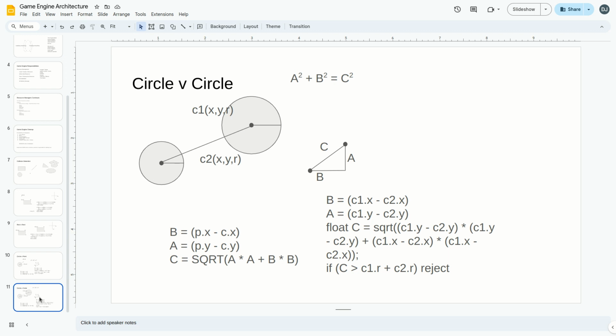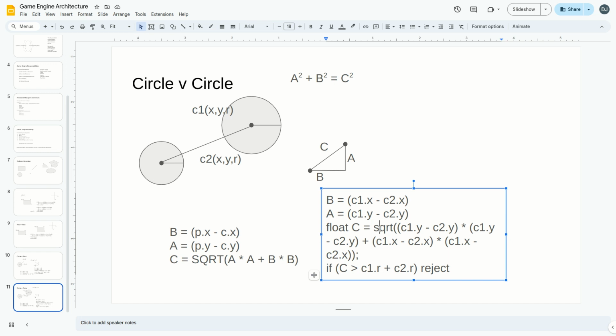Okay, let's now talk about combining them. It gets a bit weird. One thing before I even do this. Square roots in code are work, particularly when we're working with floating point square roots.